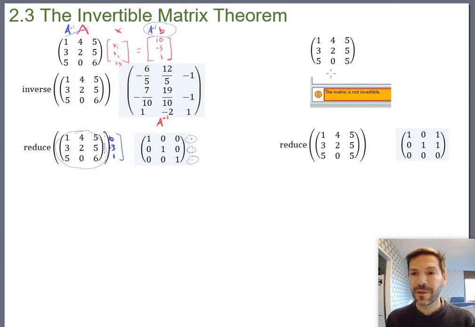So if you dump this into your calculator, it'll give you some sort of error message, since this matrix is not invertible. If you reduce, you do not get a pivot in all 3 rows. You only get a pivot in 2 rows, and matter of fact, it tells you exactly how you could combine the first column and the second column to make the third column. It says 1 of the first column, 1 of the second column will make the third column.